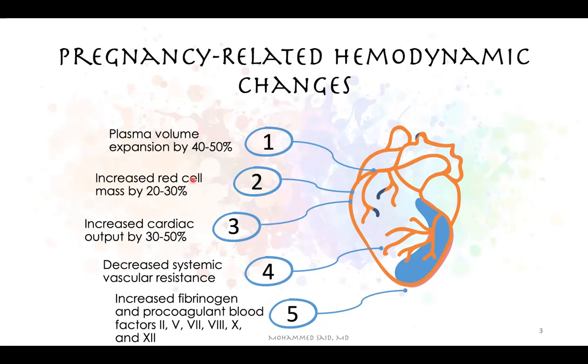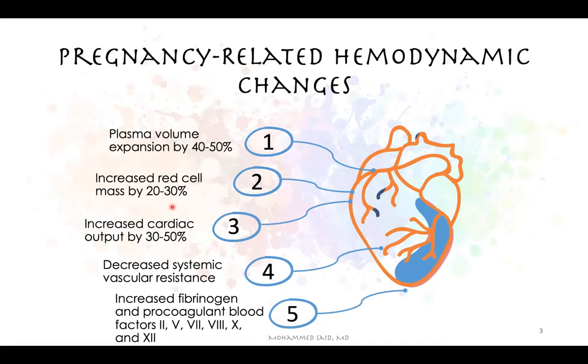So you're going to increase the red cell mass by almost 20 to 30%, and then you're going to increase the plasma volume by 40 to 50%. Remember the vehicles. You will notice that the volume expansion is more than the red cell mass. That's why pregnant women will have physiological anemia.